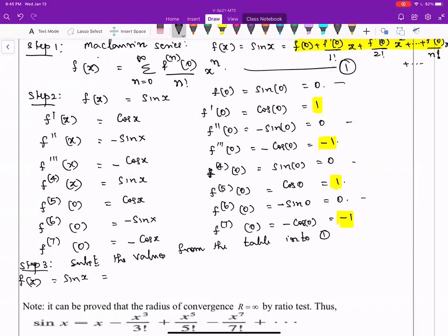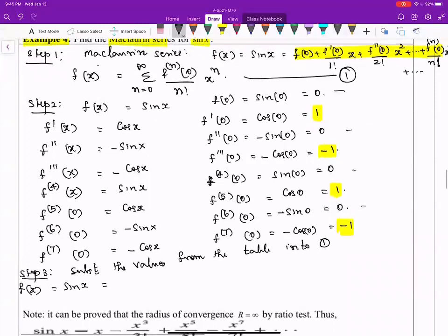The first term, f at 0, is 0, then f prime 0 over factorial 1, so 1 over factorial 1 times x. Then you have the next term 0, the next term is negative 1 over factorial 3, x cube. Then you have positive x to the power 5 over factorial 5, then minus x to the 7 over 7 factorial. It goes on like that.